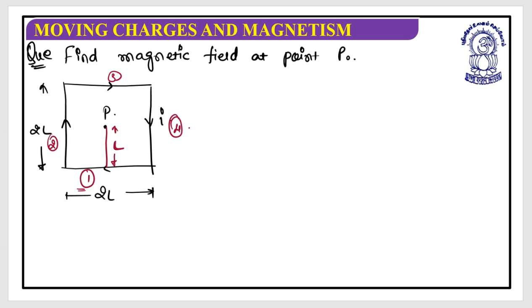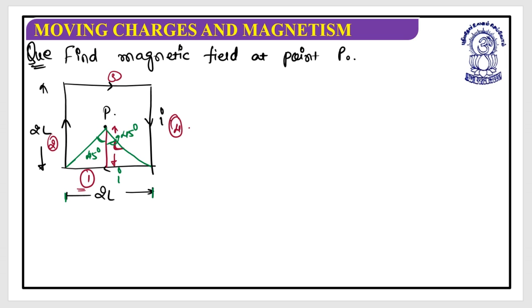For the endpoints, this would be the angle. The complete length is 2L, so half of the length is L. This is 45 degrees. Again make a line to this point. Again this is 45 degrees.